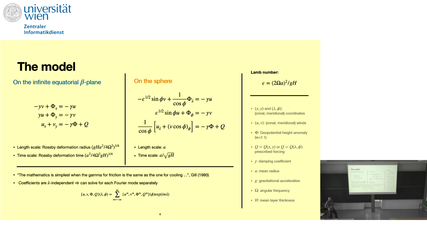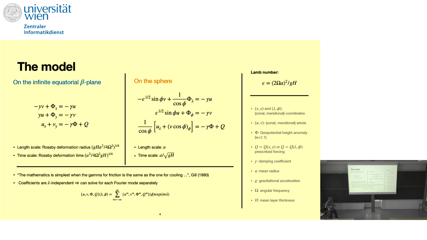And this is where I get to play the card of the extension, because Matsuno and Gill assume that the mechanical damping rate is equal to the thermal damping rate, which is unrealistic because, for one thing, the thermal damping rate has a double role.